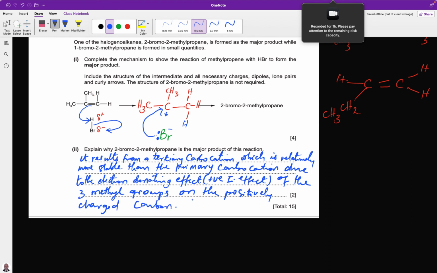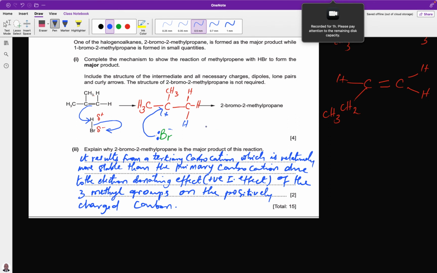So that is it. This product, from what I just explained for the purpose of revision, has resulted from a tertiary carbocation, which is relatively more stable than the primary carbocation due to the electron donating effect. This is as a result of the electron donating effect or the positive inductive effect of the three methyl groups on the positively charged carbon.